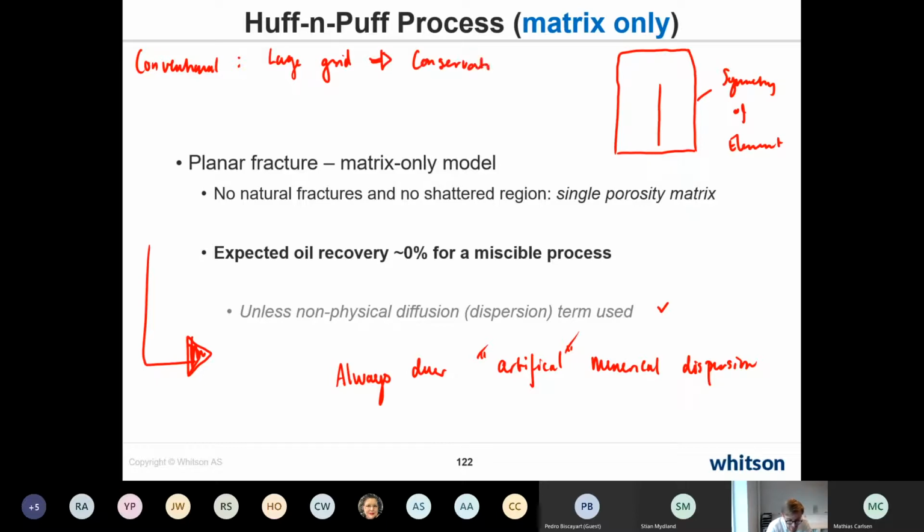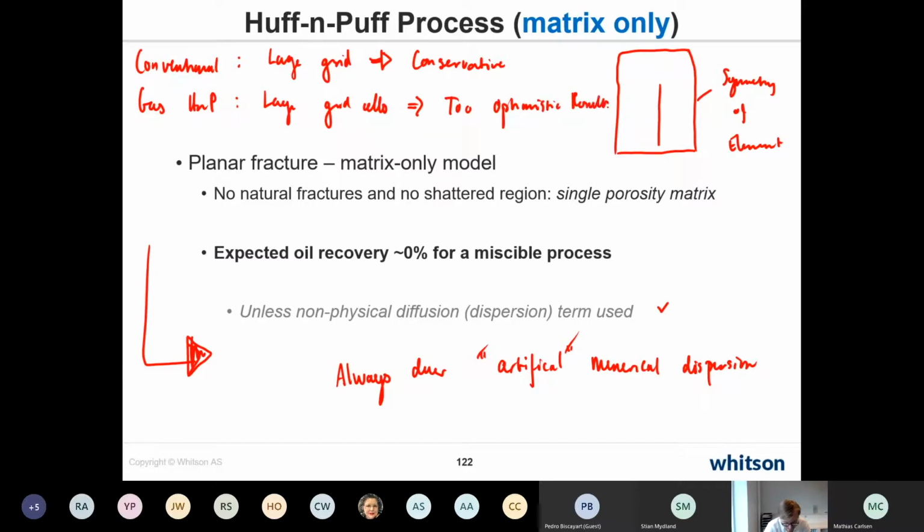So it will essentially give results that are worse than the reality. While for gas huff and puff, it's the opposite: large grid cells will always give too optimistic results.